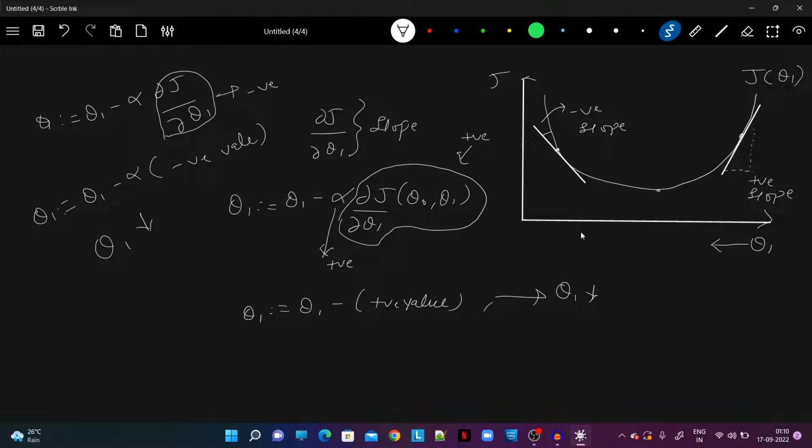So in this case your theta 1 will move again towards the minima. So this is how this slope manages and helps us to converge towards the minimum, right?